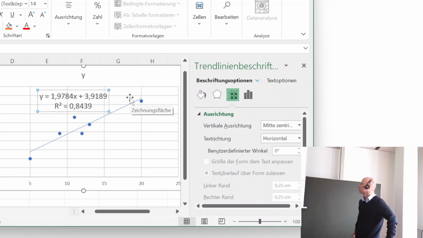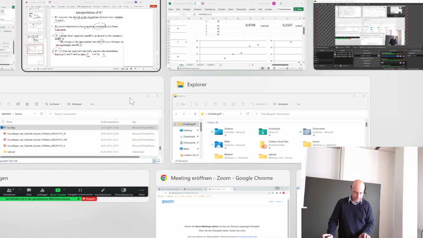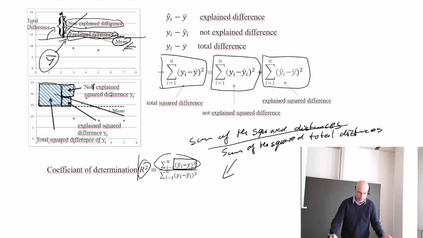And so we can, of course, directly calculate all these numbers using your software package. But on the other side, again, I really want that you know what you're doing.